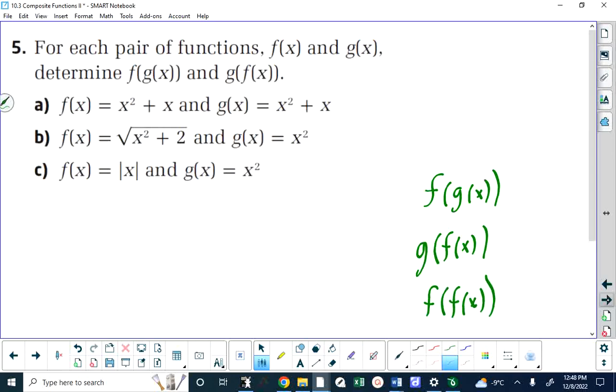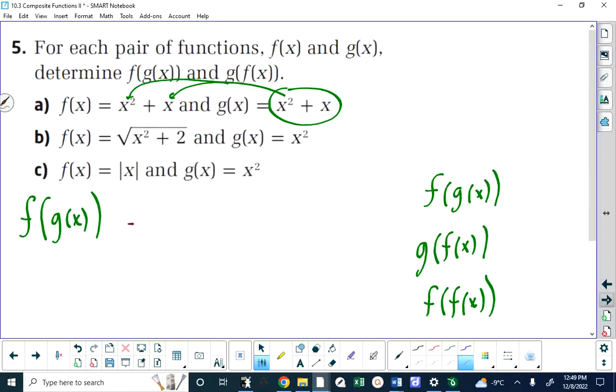But if we follow the rules here, f of g of x means that g of x goes in for x in f of x. That's what that means.